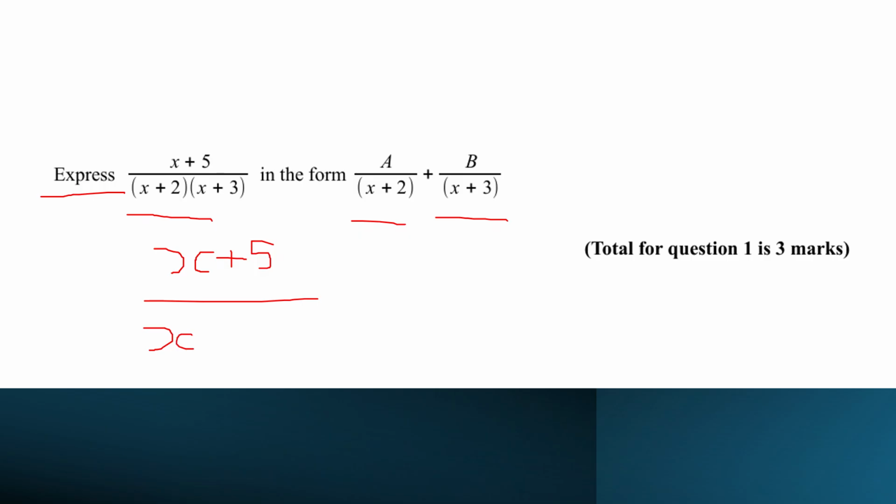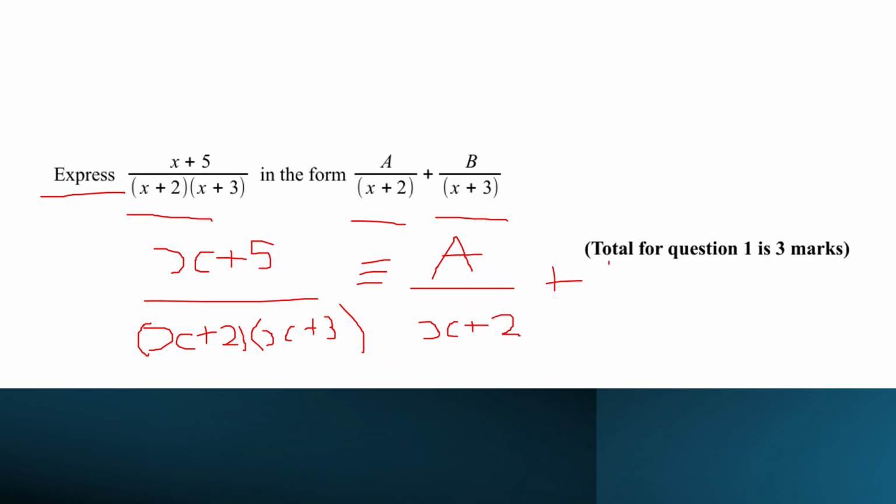So step 1, guys, is that I'm going to just write it out again, just to make it clear, that this is going to be equivalent to, i.e. the same as, a over (x + 2) plus b over (x + 3). So that's our first step, just copying out again, but writing the equivalency sign and the mathematical notation.